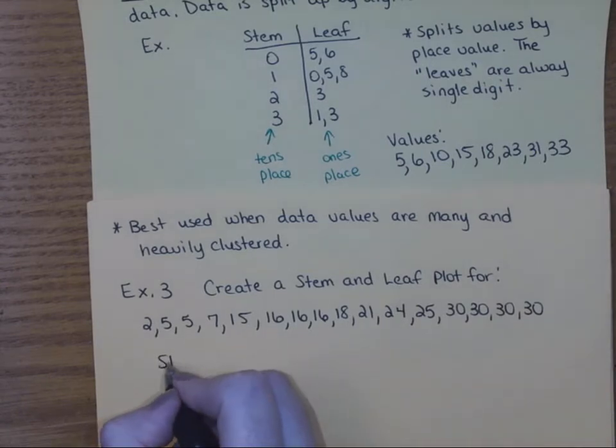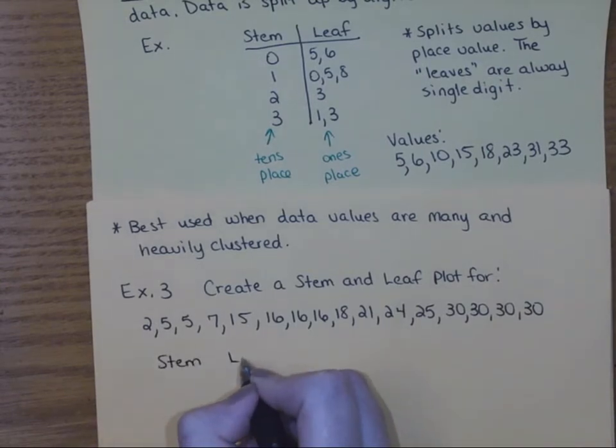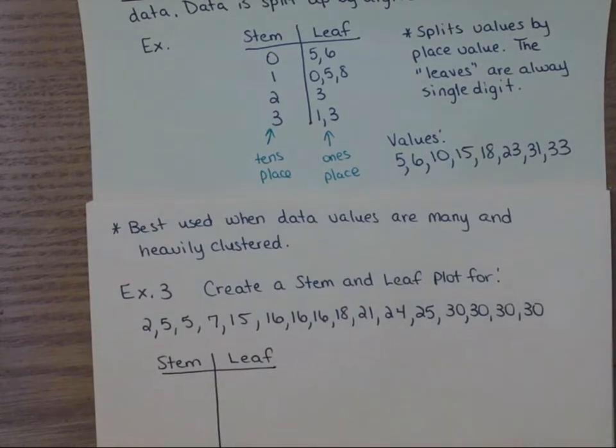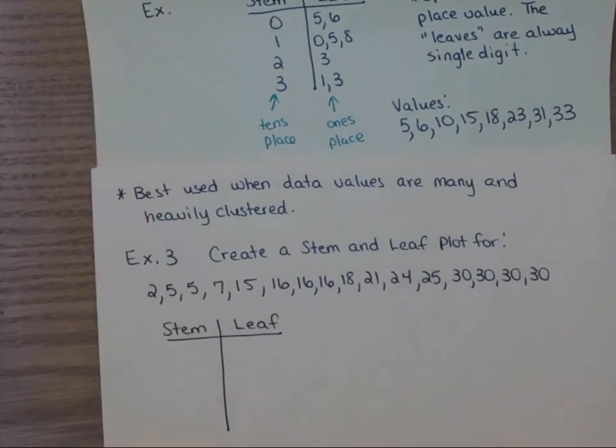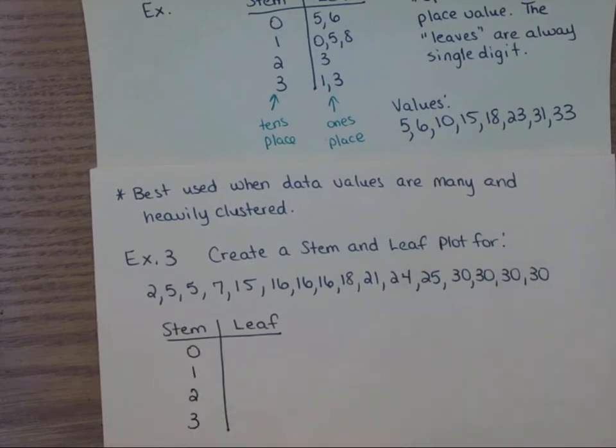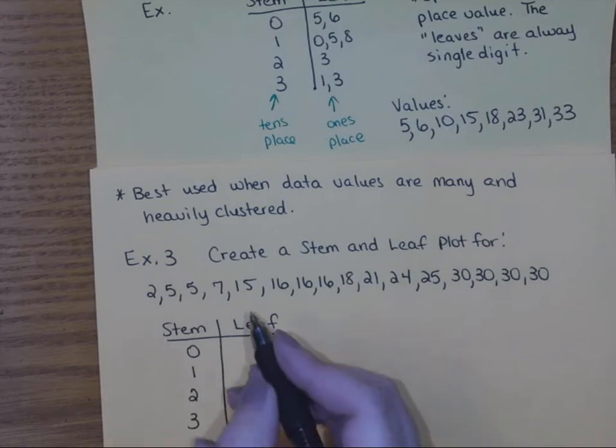This time we're not going to use commas in between, just because I want you to get used to both. Notice, what goes in the leaf column is always the last digit, and what goes in the stem column is the tens place. We only have numbers from 2 to 30, in other words, numbers where the first digit is 0 versus numbers where the first digit is 3.